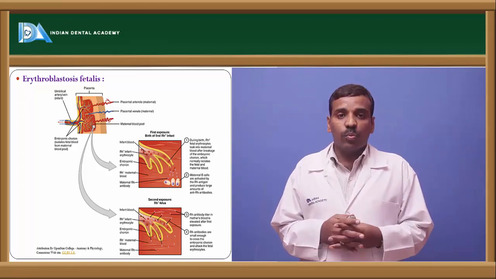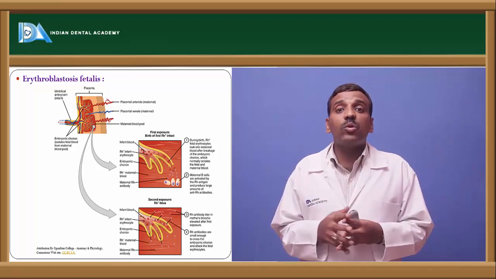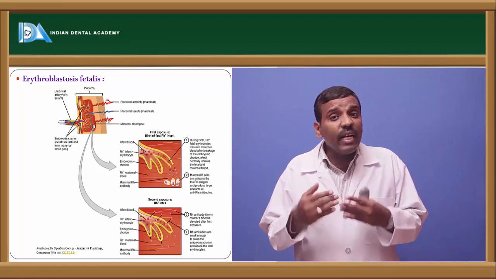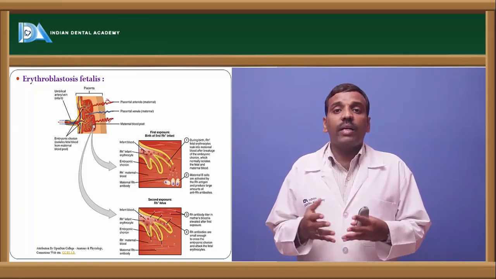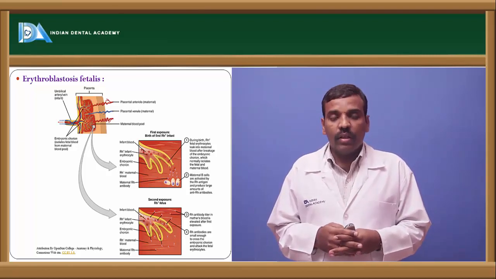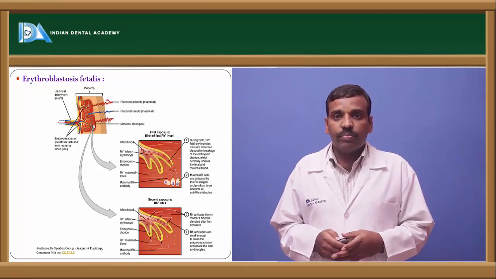According to this, antibodies against the D antigen are produced in the mother, and if the second birth is also RH positive, there may be a risk of fetal death. This phenomenon is called erythroblastosis fetalis.